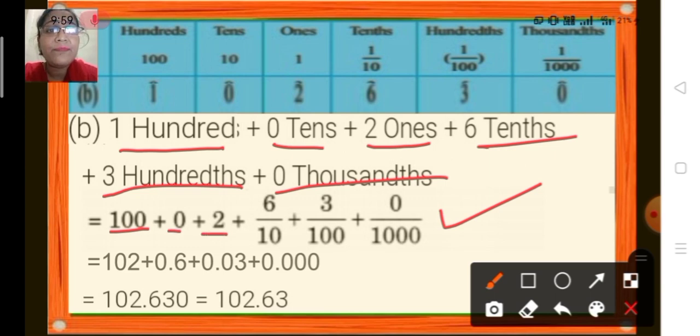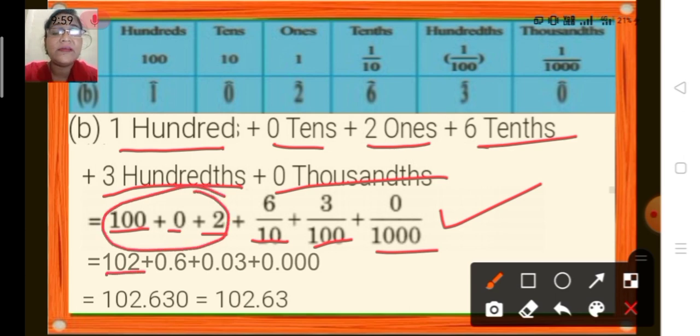Then 6 upon 10. Then 3 upon 100, 0 upon 1000. Now if we add the whole part, we will get the sum as 102. Now one by one we will add this 6 upon 10.